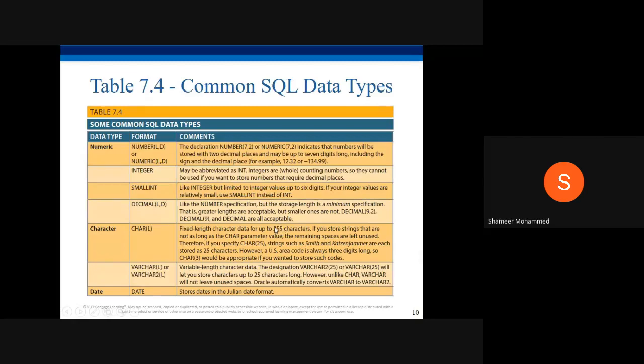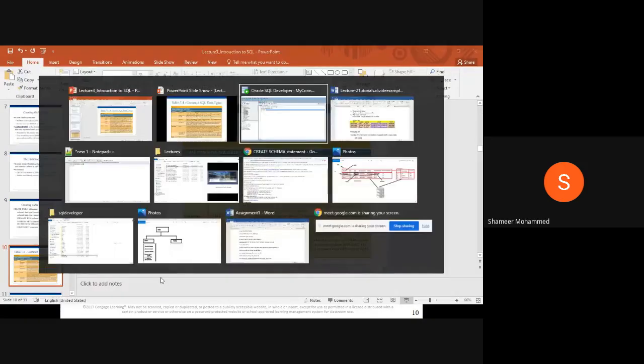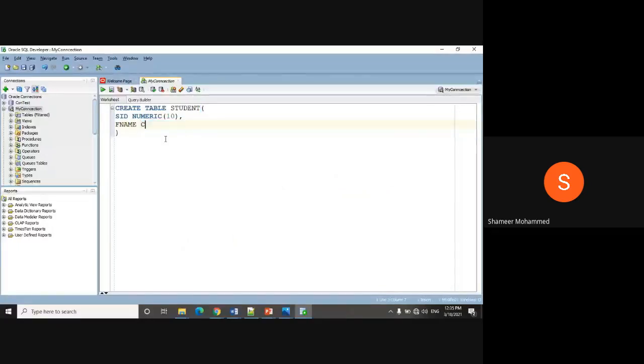If your name is very lengthy, then you can always go for this one: variable length character data, varchar2. Of how much size? I will say 200 bytes, or however many characters we can mention.